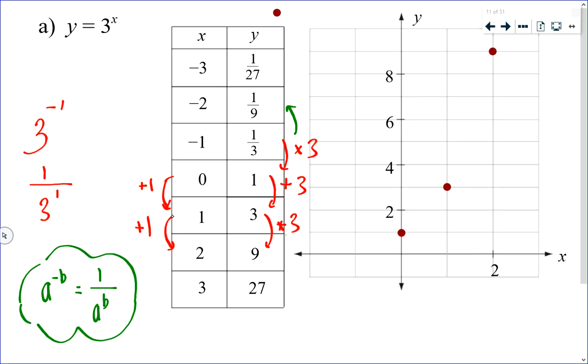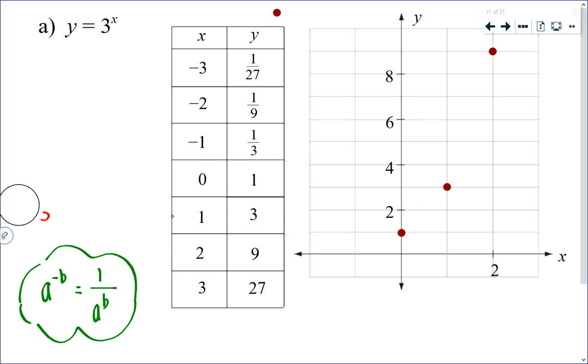Now, we have an issue going in the other direction, and I want to just clean this up. That was just me teaching and writing down what I was saying. As you go backwards, and by backwards I mean in this direction, what's happening is you're dividing by 3, right? You're taking away 1 each time going in that direction, and you're dividing by 3.